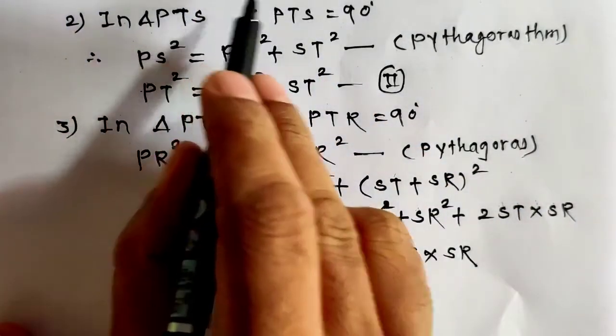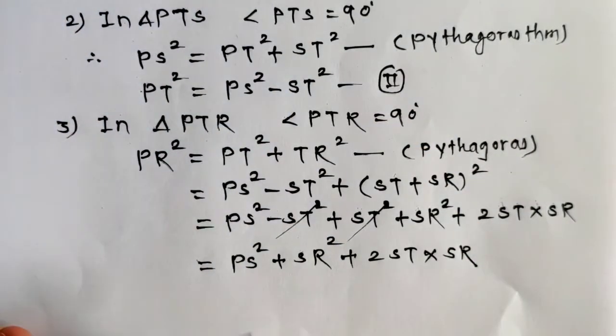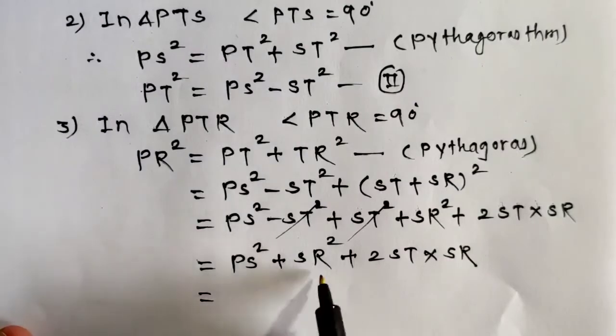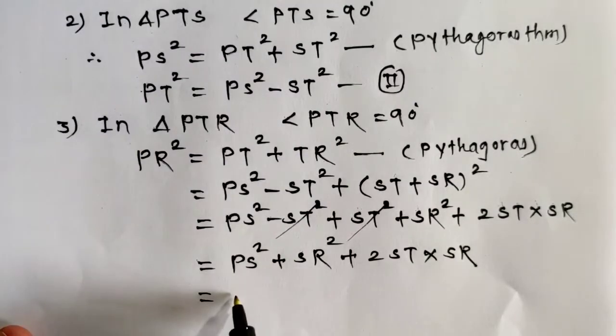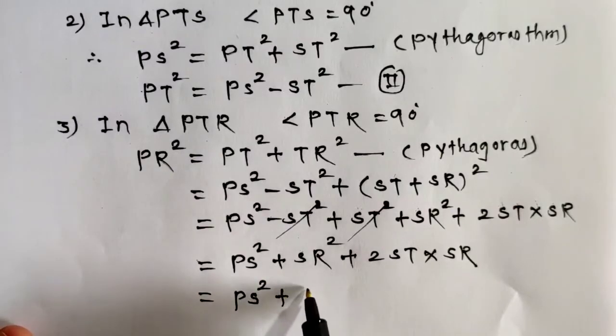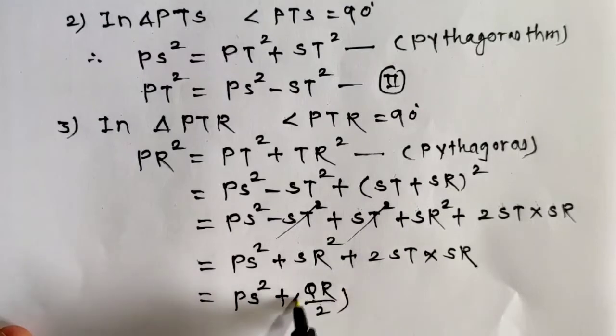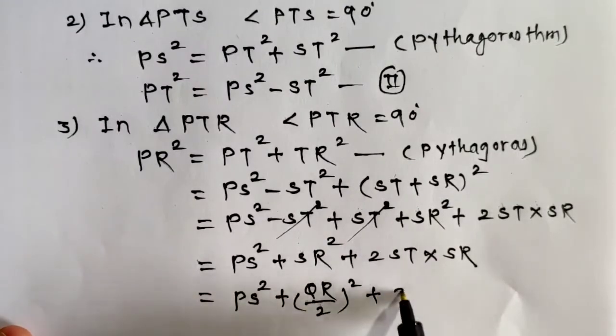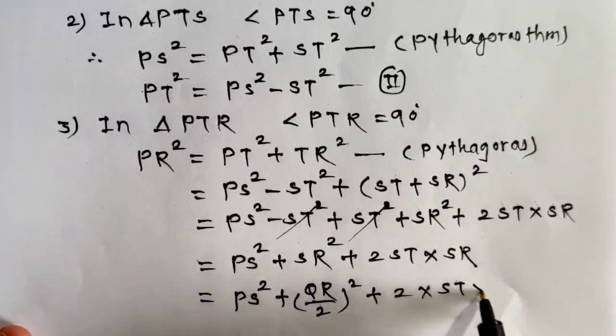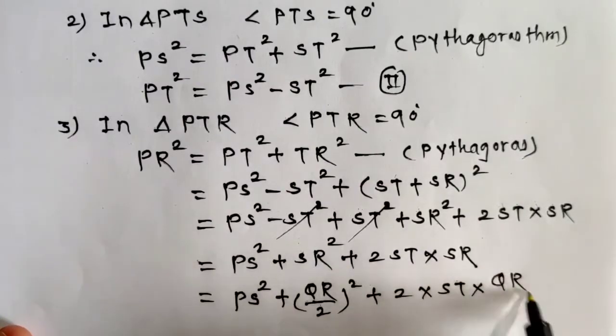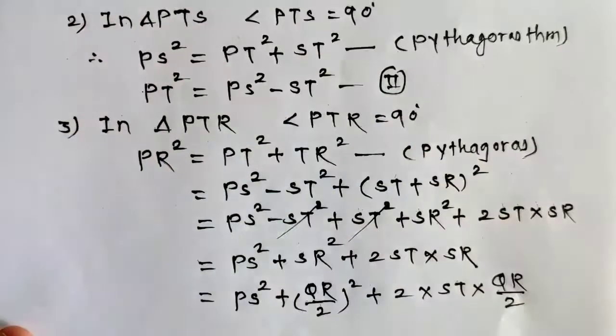Now what is our 1? This QS is equal to SR is equal to half QR. Now substitute the value of SR is equal to half QR. So here PS square plus (QR by 2) whole square plus 2 into ST into QR by 2, half QR means QR by 2, this 2 and this 2 get cancelled.